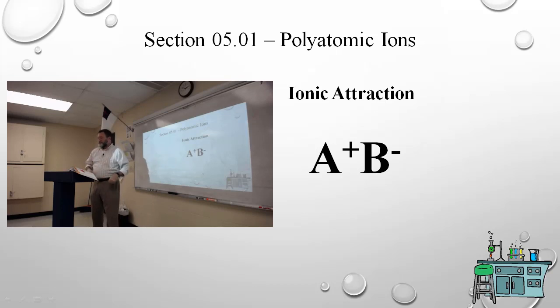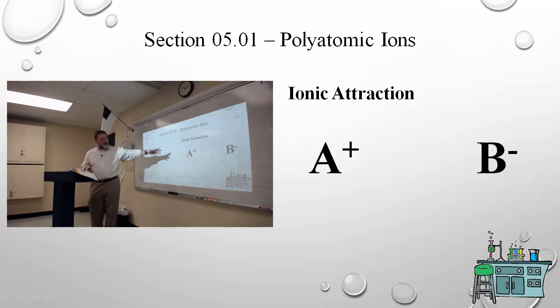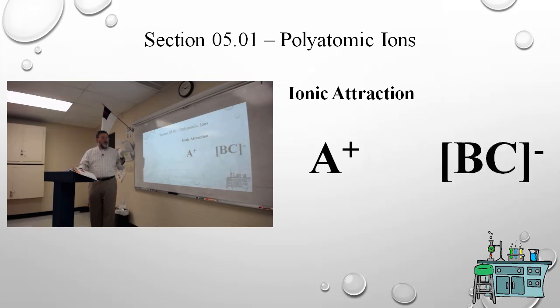For polyatomic ions, we take this idea of 2 atoms that become 2 oppositely charged ions that attract one another, and we extend it to the idea that we might have a molecule that has a net charge. In other words, a molecule which is an ion.